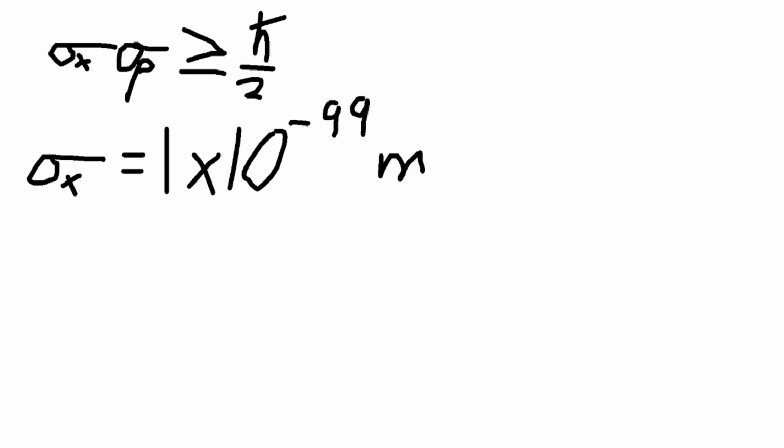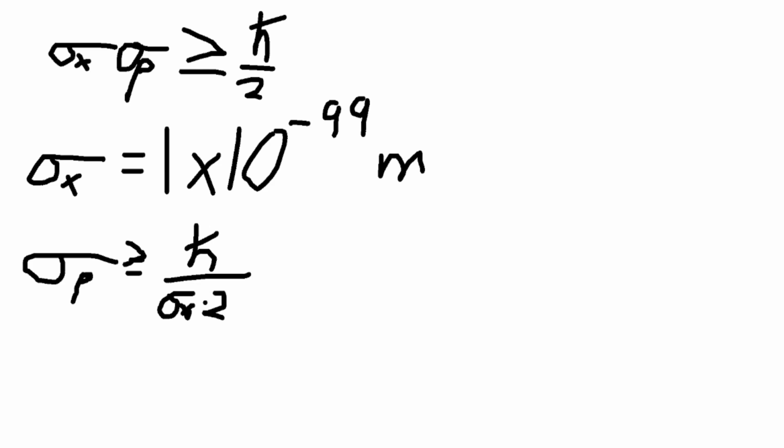Okay? Well then, what does this equation at the top tell us? Well, we can just rearrange the parts of this equation to tell us something about the uncertainty in the momentum. So that means sigma p is going to be greater than or equal to, we just divide each side by sigma x, so h bar divided by 2 sigma x, or we can put in the values: h bar divided by 2 times 10 to the minus 99.